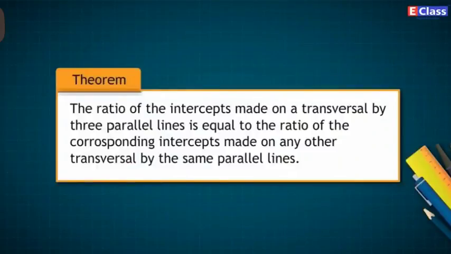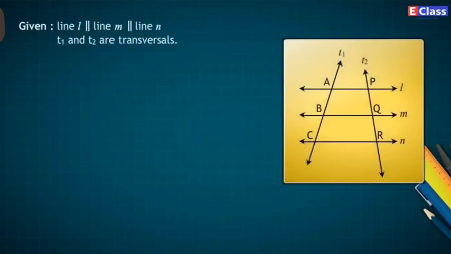Theorem: The ratio of the intercepts made on a transversal by three parallel lines is equal to the ratio of the corresponding intercepts made on any other transversal by the same parallel lines. Given: line L is parallel to line M is parallel to line N. T1 and T2 are transversals.